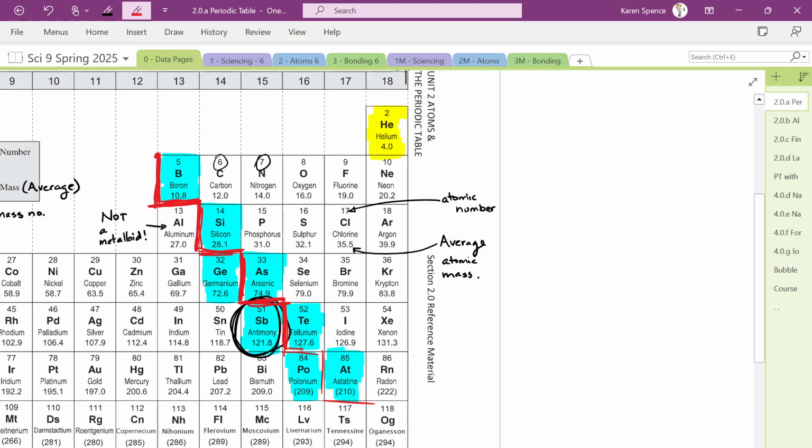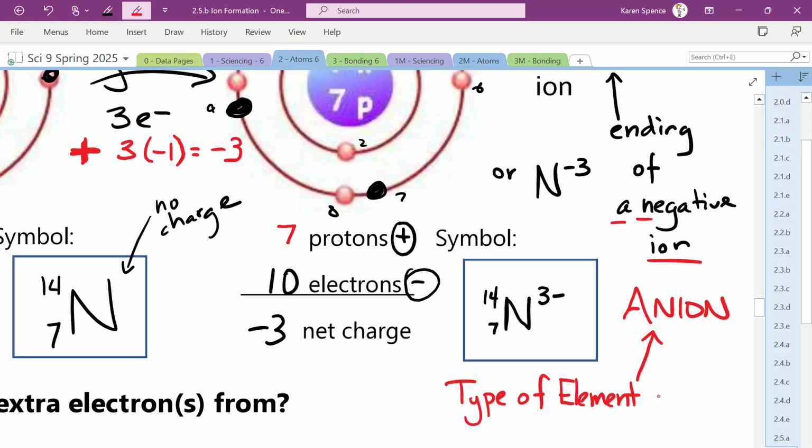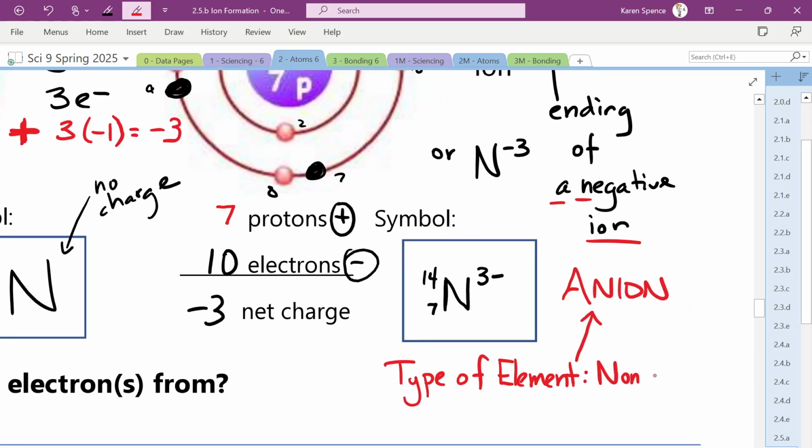And nitrogen is to the right of the staircase. And to the right of the staircase, we have our non-metals. And to the left of the staircase, we have our metals, except for, of course, hydrogen, which is a non-metal. Okay. So the type of element is a non-metal. Those are our anions.